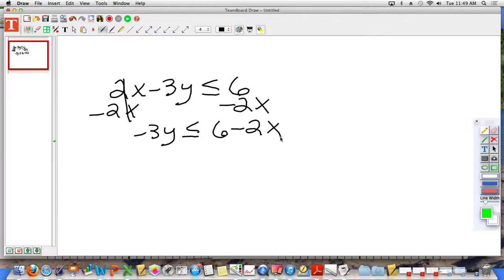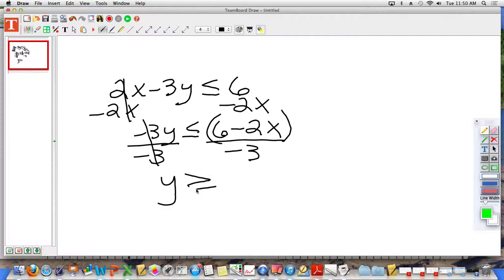Then when you solve for y, you have to divide both sides by negative 3. So when you type this into your calculator, you are going to need to make sure that you separate the top, the 6 minus 2x, from the bottom with its own set of parentheses. Now, the thing that I need to remind you about mostly is that when you divide by a negative number, you need to switch the direction of your sign.